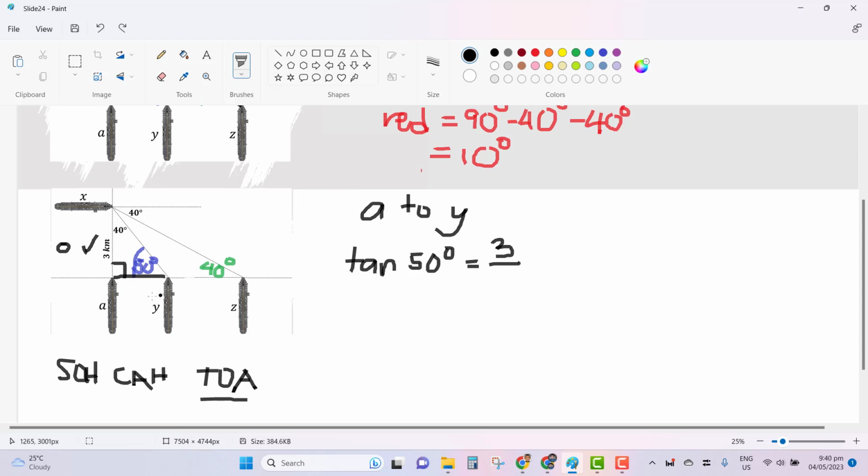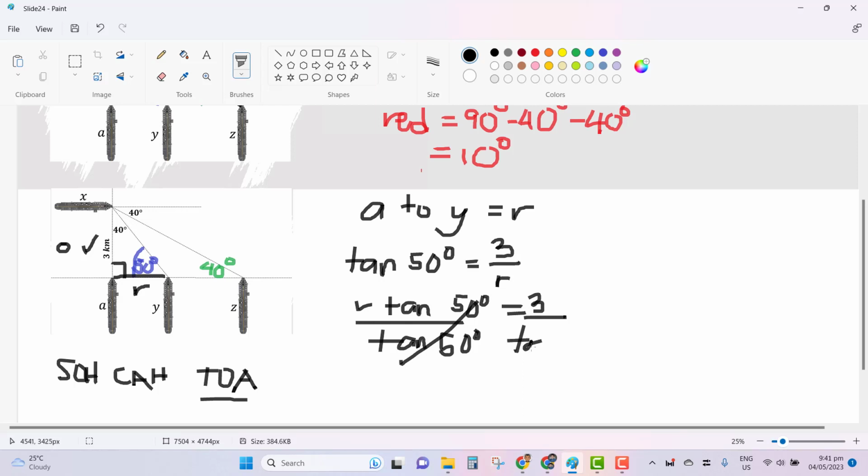Let's just use a letter R, because I already used X and Y and A. So R is the distance from A to Y. Multiplying that, you will have R tangent 50 degrees equal to 3, and divide both sides by tangent 50 degrees to cancel this out.